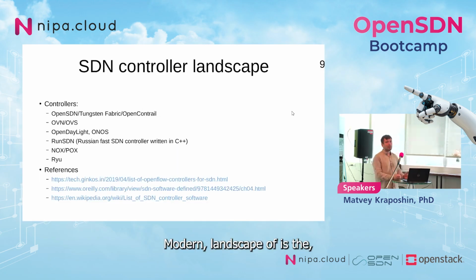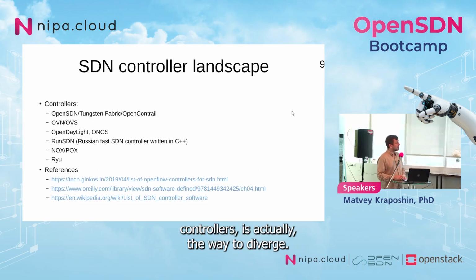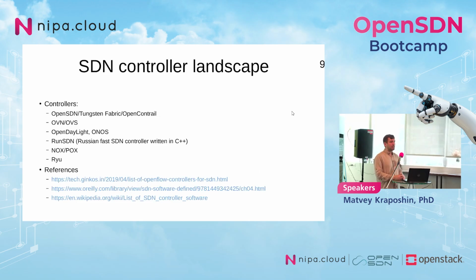The modern landscape of SDN controllers is actually very diverse. I just mentioned several solutions, but in my opinion you can find dozens of them, maybe 50 or even more.